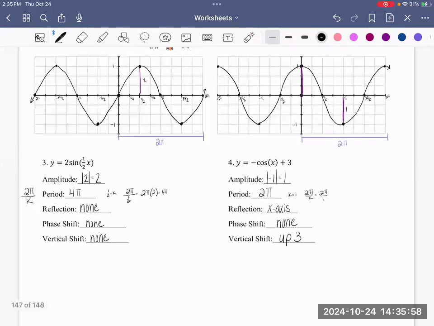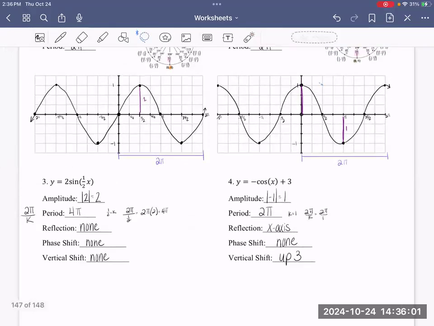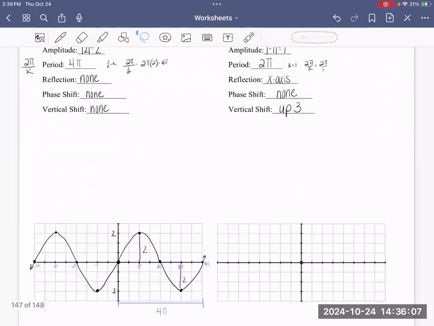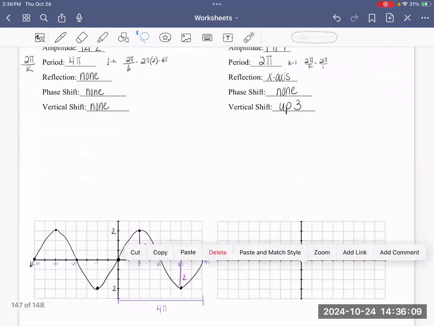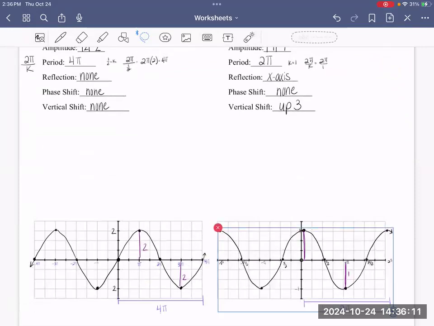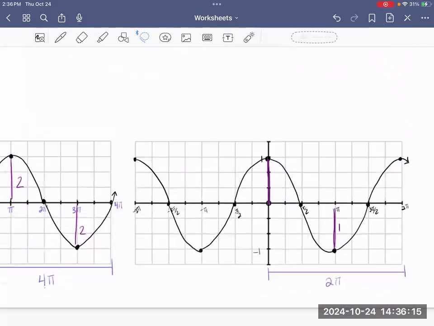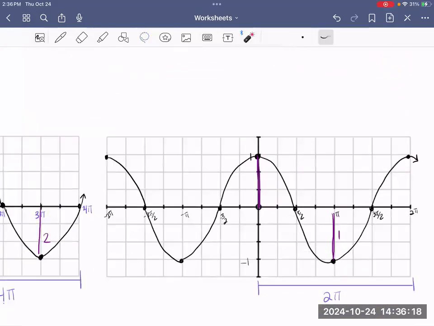So let's take this graph here first, just for starters, and we'll manipulate it. So if we originally had this graph, again, we're going to be still having a full revolution of 2 pi.